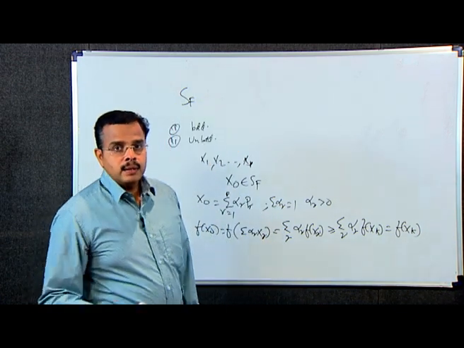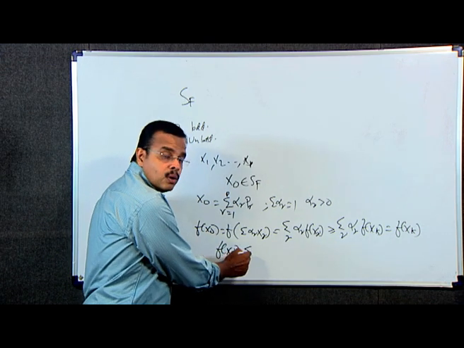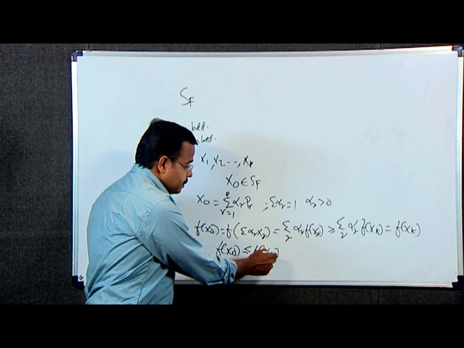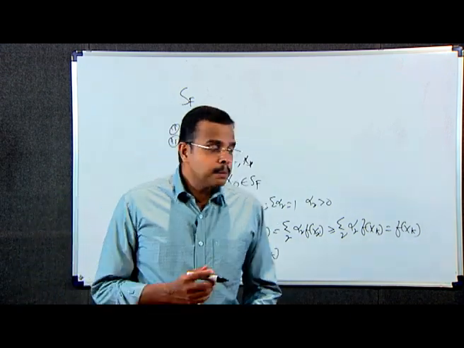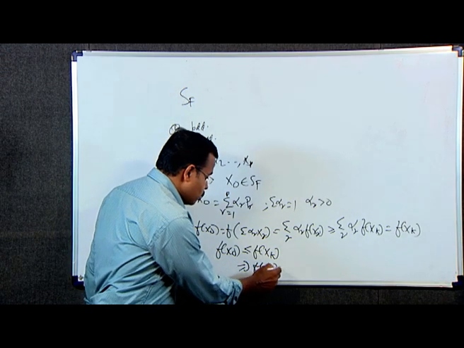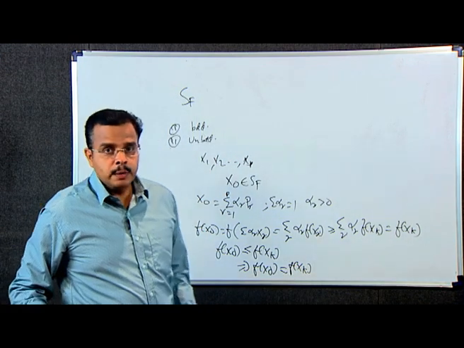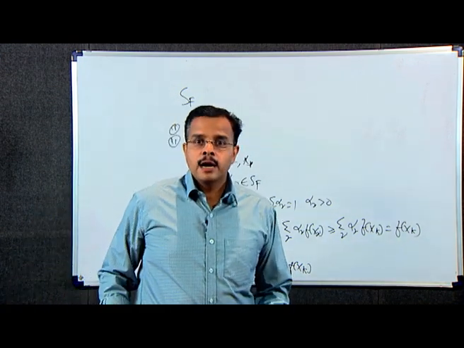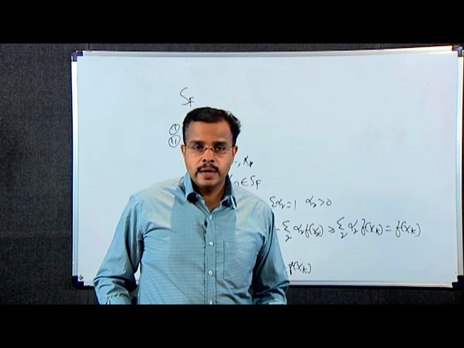But by hypothesis f of x0 is less than or equal to f of xk. This implies f of x0 equals f of xk, which means that f of x is minimum at xk, which is a vertex of SF.